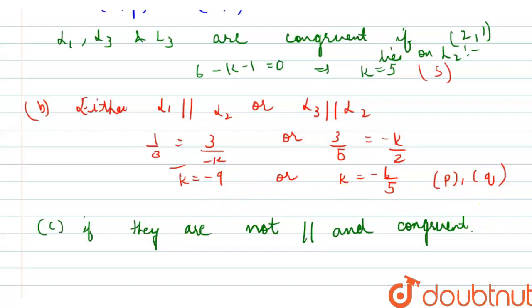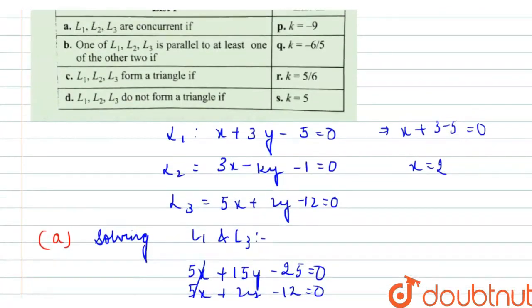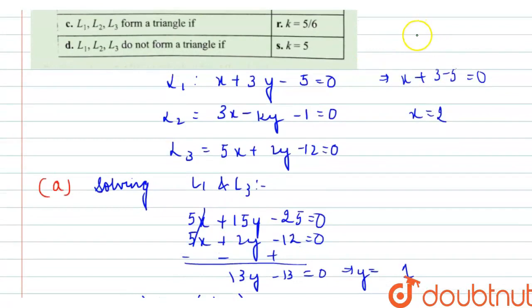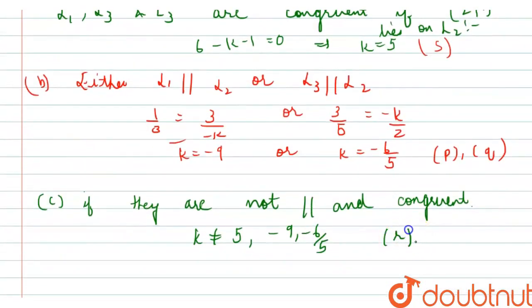Now we can see in the first and second parts that in the first case L1, L2 and L3 are concurrent, in the second case they are parallel. So k should not take the values 5, when they were concurrent, and minus 9 and minus 6 upon 5, because in the other case they were parallel. So we are left with k not equal to these values, which goes with option R. Option R is the correct option.